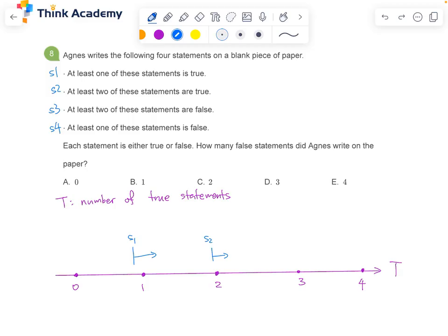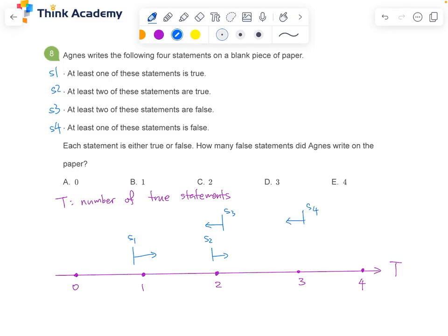So this would be equivalent to whether S3 is true or not. If T is to the left of this bar, then S3 would be true. If T is to the right of this bar, then S3 would be false. Same thing for S4.